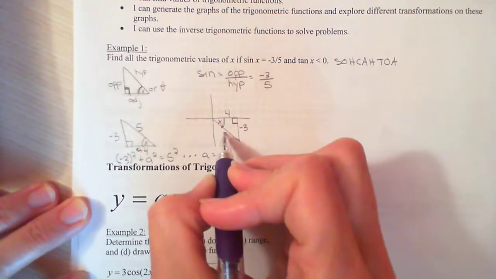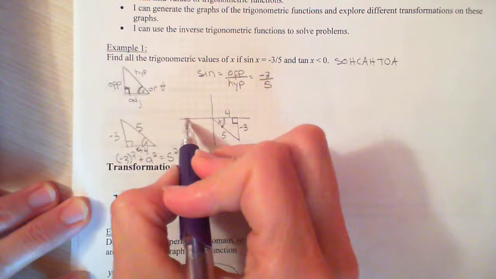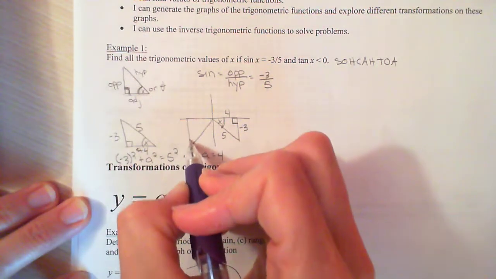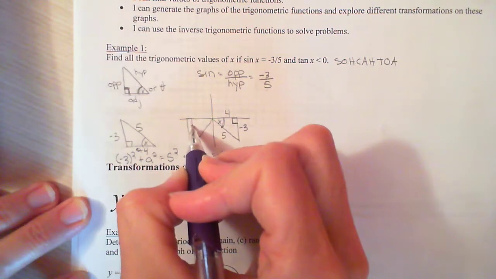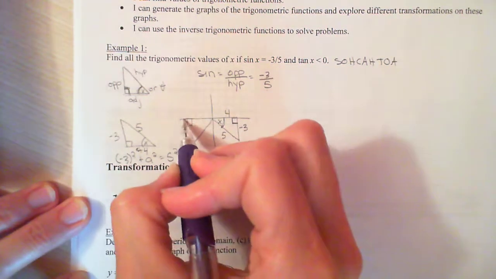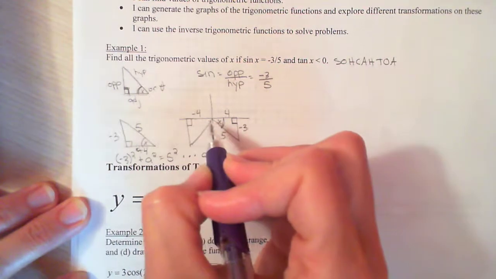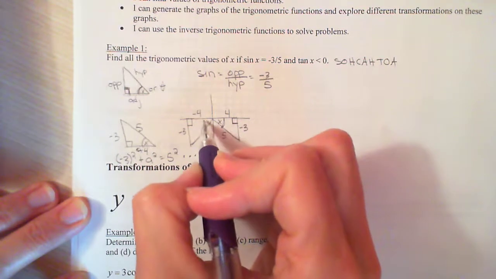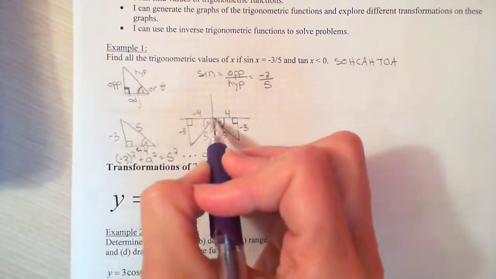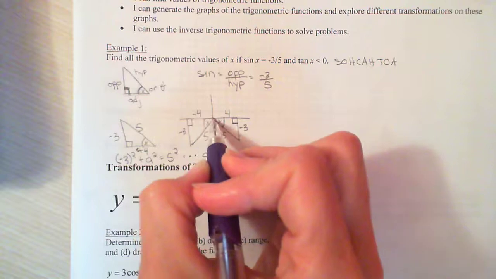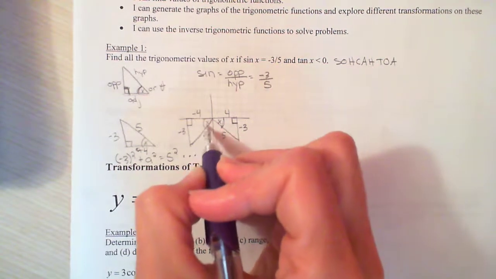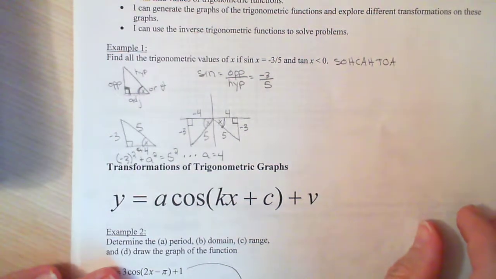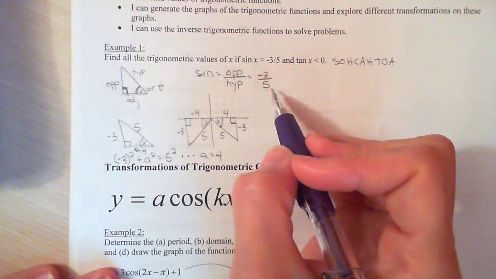Adjacent would be 4. Hypotenuse would be 5. And also in quadrant 3 over here, here's my right angle. This side would be -4, this would be -3, and my hypotenuse would be 5. Your x, the angle you're talking about, is always going to be tucked up here in the corner with the x-axis.